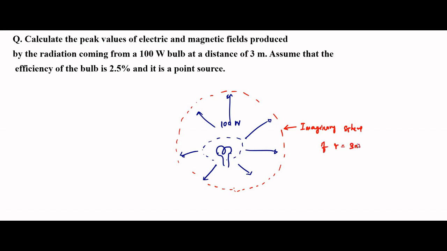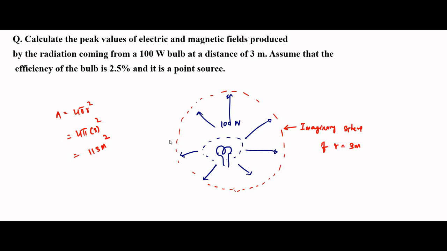So we have to find the surface area of the sphere. So area is equal to 4 pi r square with radius 3. So it is 4 pi 3 square, which is equal to how much? It is coming around 113 meter square. So this is the area of this imaginary sphere.